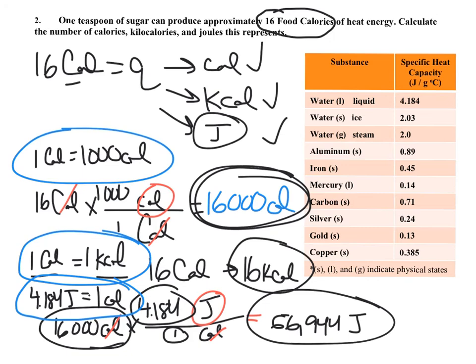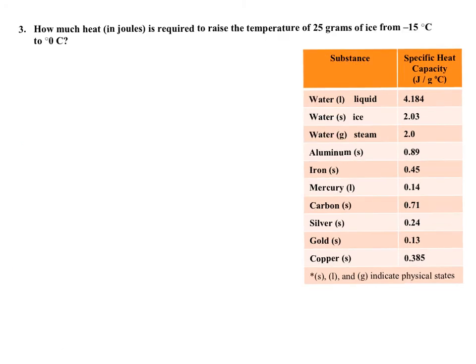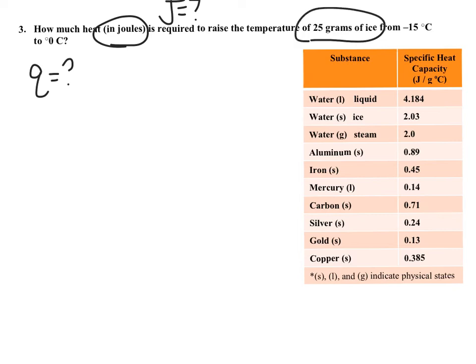All right, let's move on to the third and final question. This one looks like we're going to be dealing with specific heat again, but let me see. How much heat in joules? So right away, I'm looking for joules in my answer. So that means I'm looking for heat. Okay, so Q is what I think I'll be solving for. To raise the temperature of 25 grams of ice.